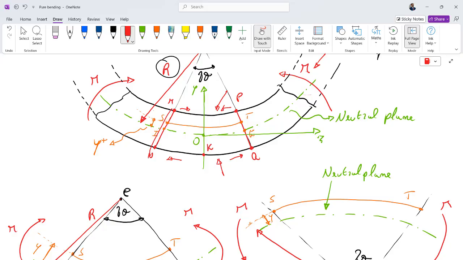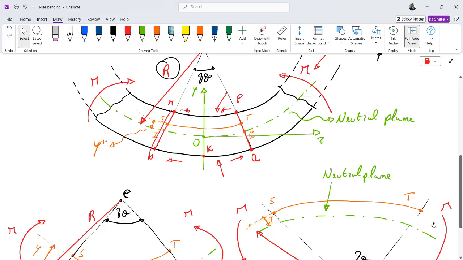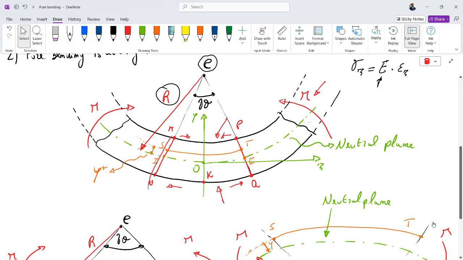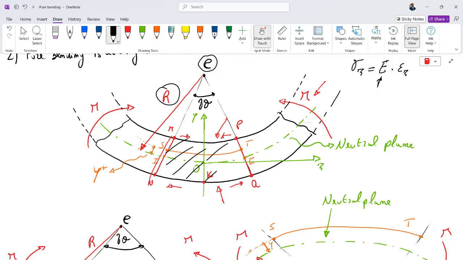Another important consideration is that the fiber ST identified before is now, for the bending moment on the beam, shorter than before, but the fiber NKQ is the longer fiber of this piece, this portion of beam.